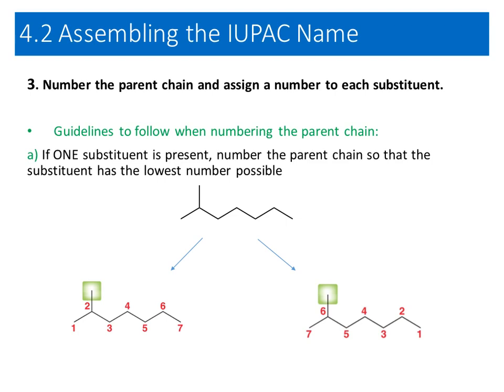Now if you look at these 2 numbering patterns, in the first one, the substituent gets number 2, and in the second one, the substituent gets number 6. According to this rule, the lowest number is the winner. So this is the correct way of numbering the parent chain.